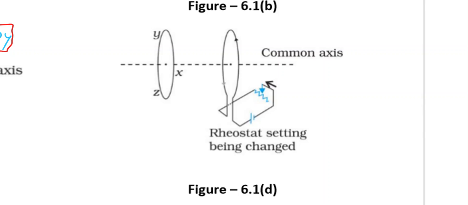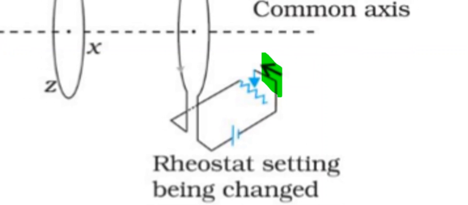Now here, what we are doing, if we are increasing the current, sorry, now we are told here that the rheostat is shifted inside. When you take the rheostat inside, you are minimizing this gap, and if you minimize this gap, you are decreasing resistance, so current will increase.